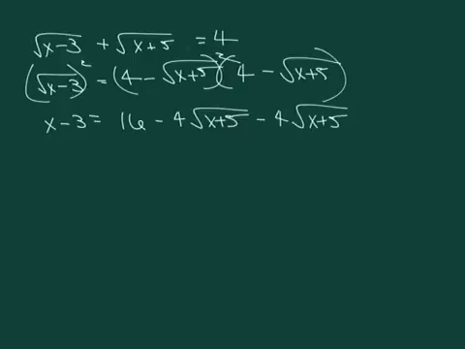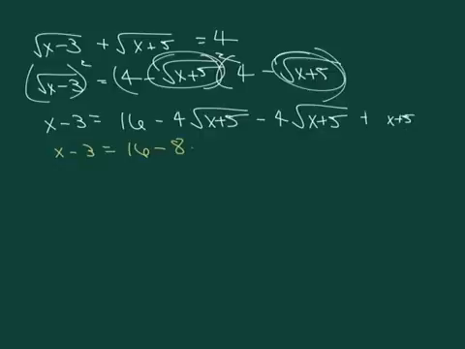And then last, plus the square root of x plus 5 times the square root of x plus 5. Because we square it, the radical is going to go away. So that gives me x minus 3 equals 16 minus 8 square root of x plus 5 plus x plus 5.